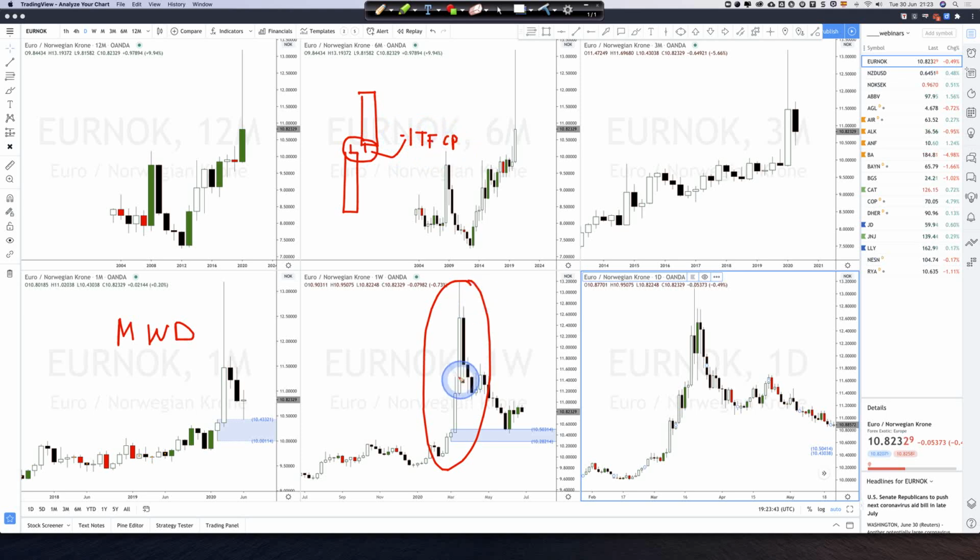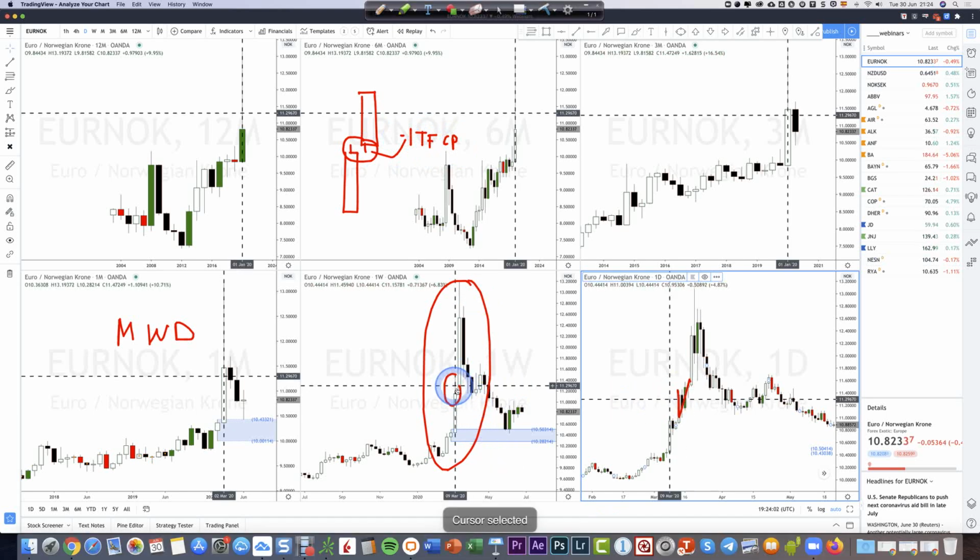But that upper wick is telling us that on the daily we should have a drop rally instead of a CP, and that's what we've got there. You see, a drop rally. That's exactly what we see there.